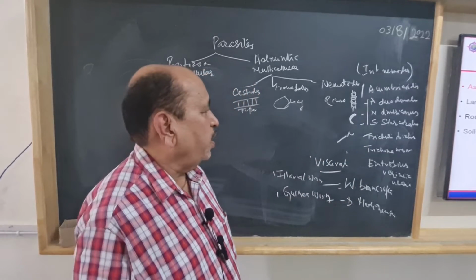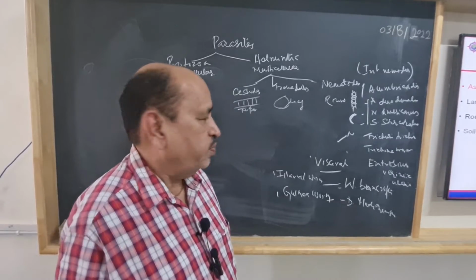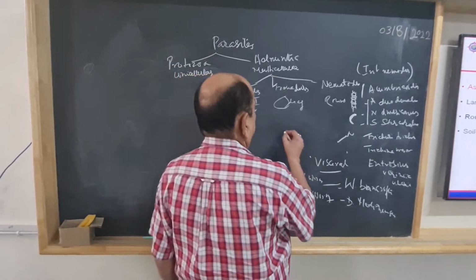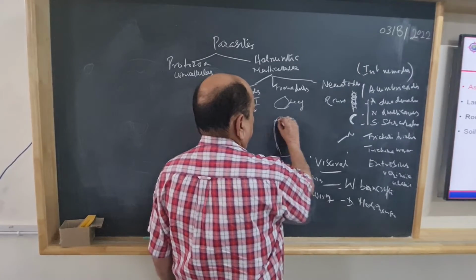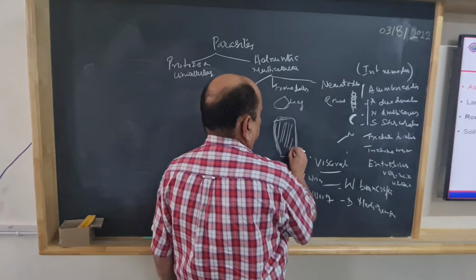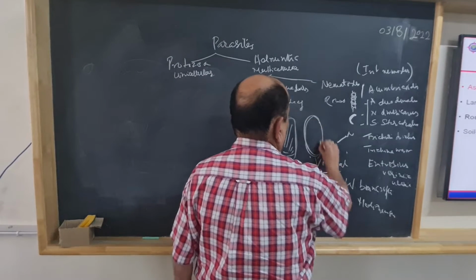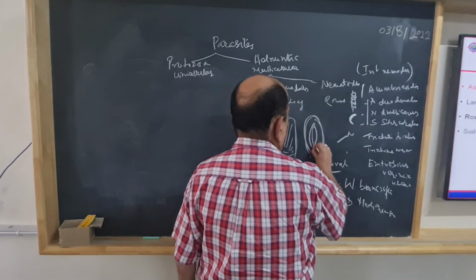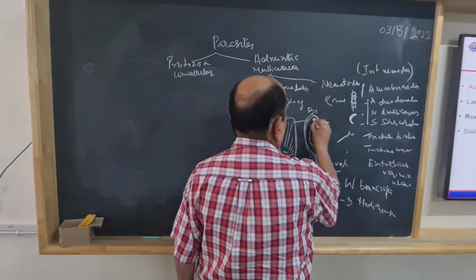Now the examination is done by stool examination. Ascaris has a bile stained egg. One is unfertilized, it's not round like this. In another Ascaris egg, you can see the embryo inside. Both are bile stained.